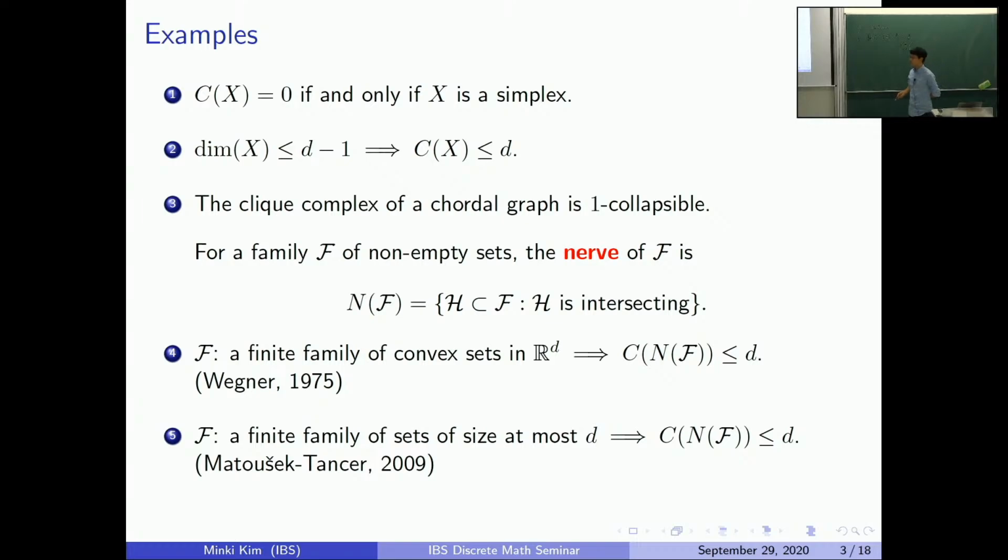Wegner showed that for a finite family of convex sets in d-dimensional Euclidean space, the nerve complex is d-collapsible. And more recently, Matoušek and Tancer proved that for a finite family of sets of size at most d, its nerve is d-collapsible. And this is where they introduced the minimal exclusion sequence technique that Gina presented last time.